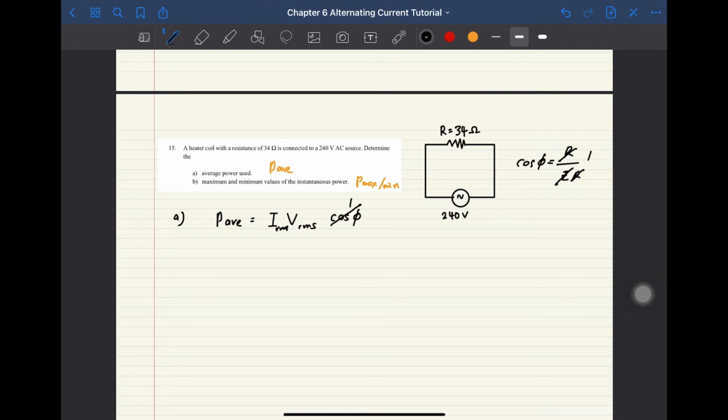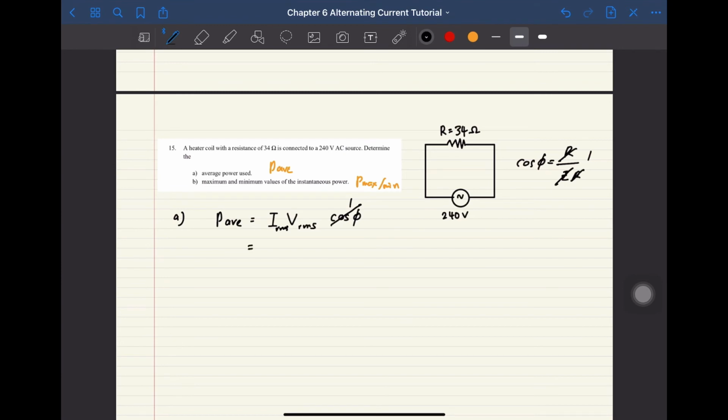But be careful, these are the actual steps you should go through. So to be safe, if you want to use P average, I strongly suggest you use VR or I squared R. But since this is one component, usually students are safe.